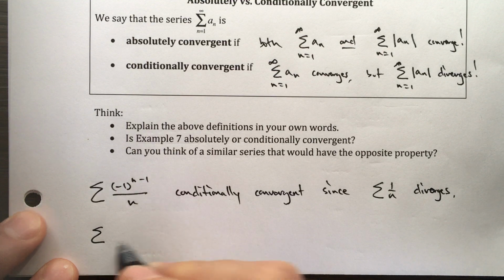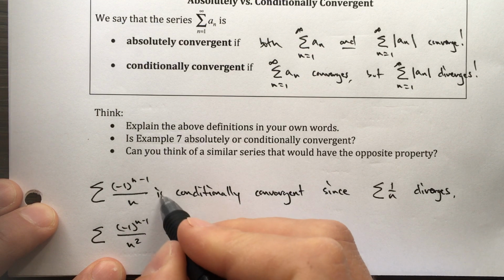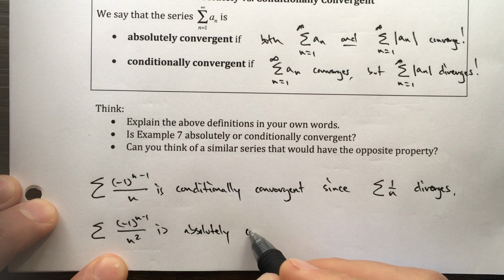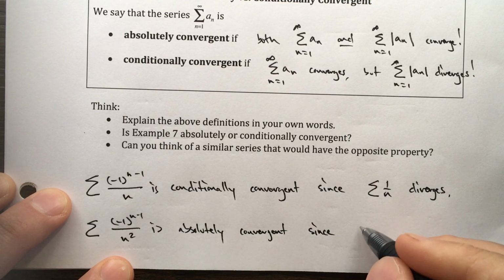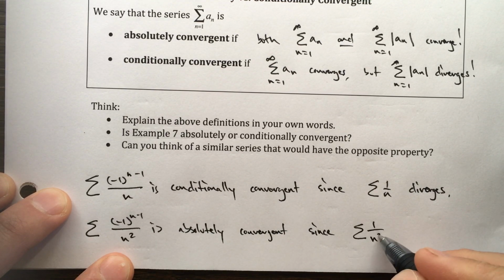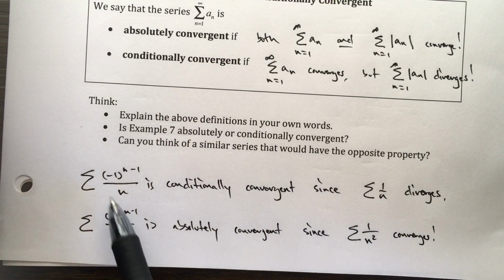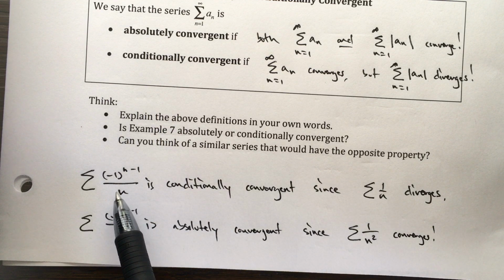But consider -1 to the n minus 1 over n squared. This is absolutely convergent since the sum of 1 over n squared converges. So this harmonic series needs the alternating portion to converge, but 1 over n squared is a convergent p-series, so if it alternates, it will simply converge faster.